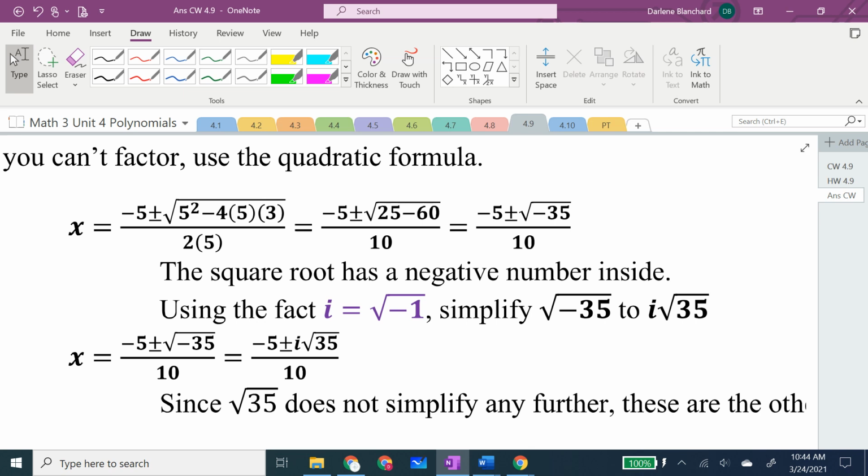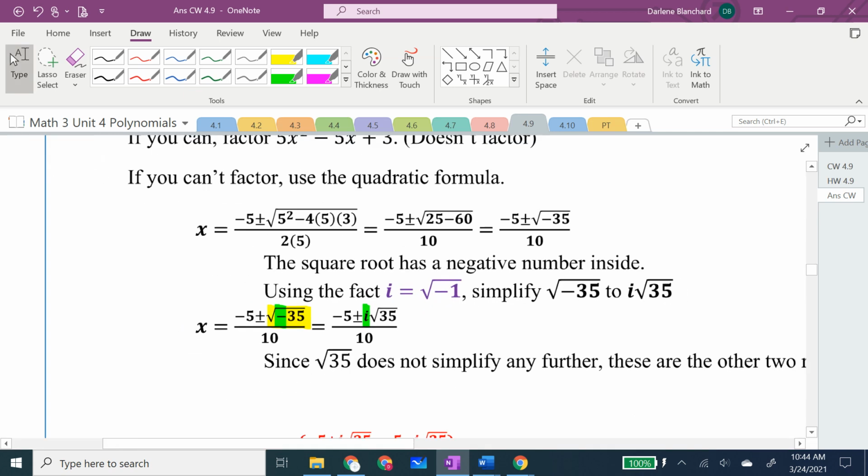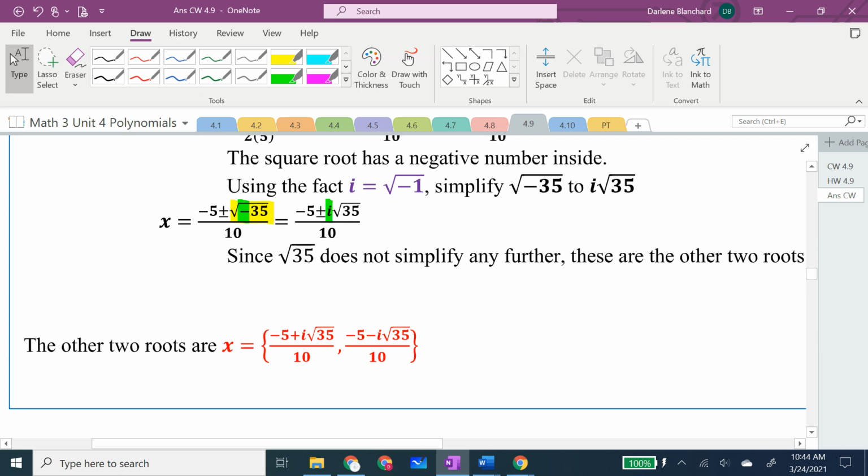Anytime you're doing the quadratic formula and you have a negative number under the square root, the first thing you always do is make that negative 1 inside the square root become i outside the square root, and then the positive number is left in the square root. And the square root of 35 cannot be simplified as far as square roots are concerned. So there you go. Those are your other two roots.